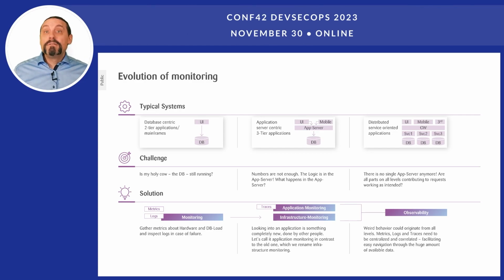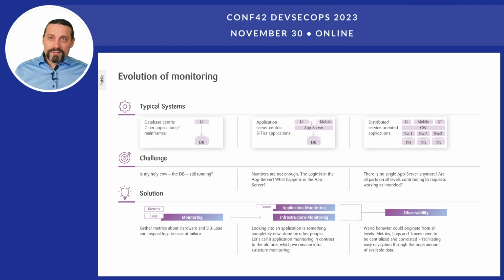And then nowadays we have distributed service-oriented applications where you have UI, mobile, third-party APIs, and so on. Usually you have an application gateway, then you have different services or even microservices, and behind that you have databases.